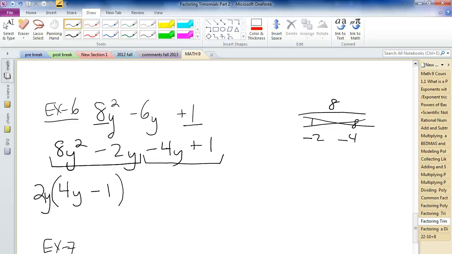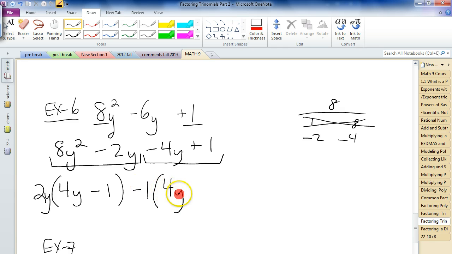Now here, this leads us to an interesting little situation. So a 1 can be pulled out. Now I could leave this negative sign here and call it negative 1. That's just the best thing to do. Leave the negative sign there. Pull out a 1. What times negative 1 gives me negative 4y? 4y does.